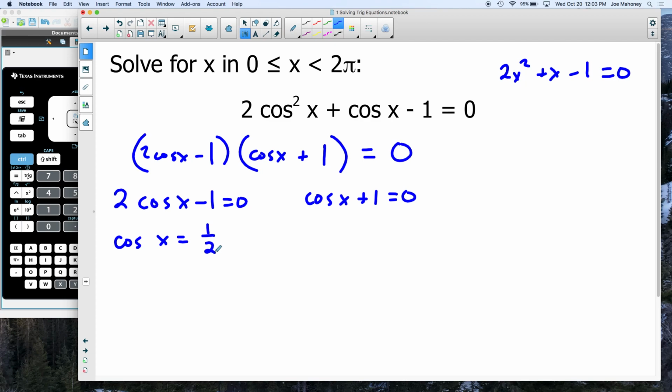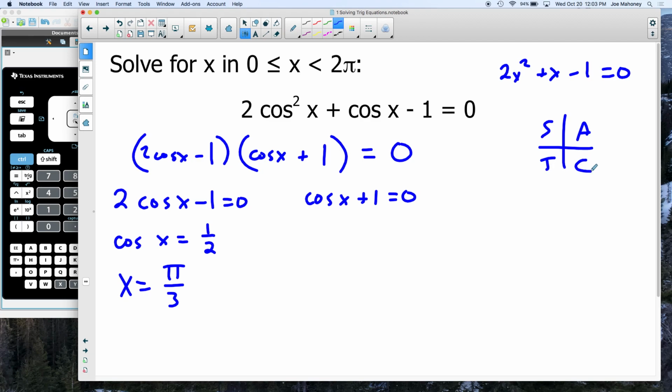I'm in radian form this time. Maybe you cheat and do degree mode if you want, and you remember that it's 60 degrees. 60 degrees in radian form is pi over 3. Now, let's go to the other quadrant where cosine happens to be positive.